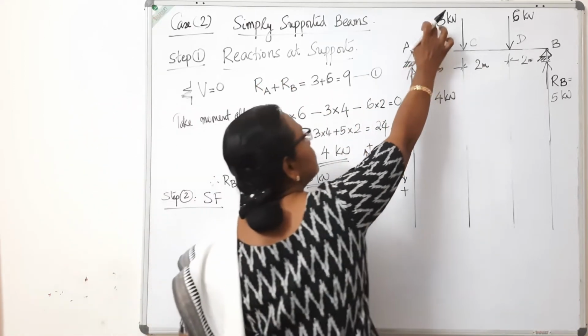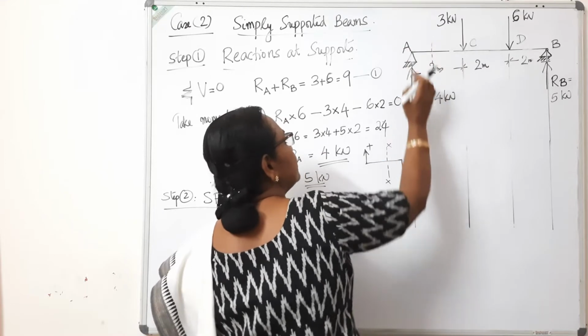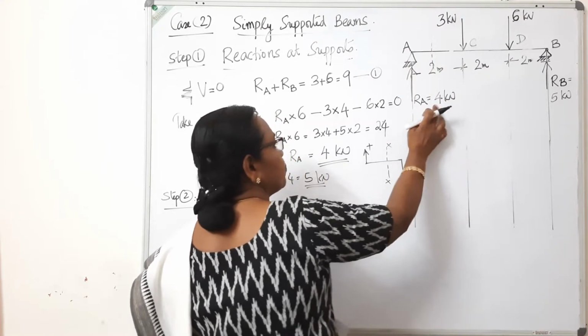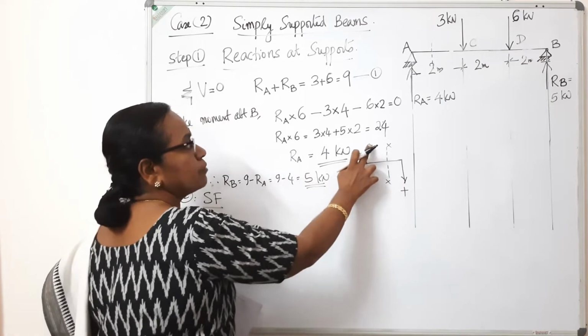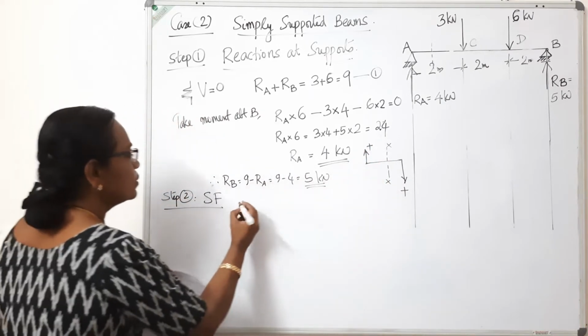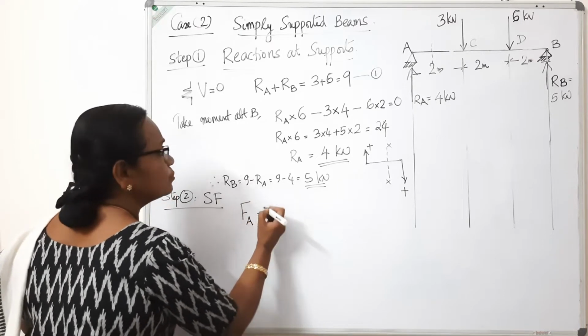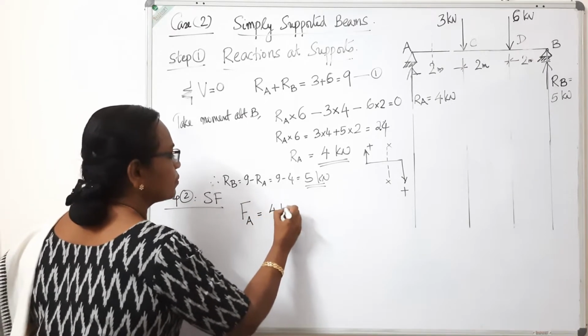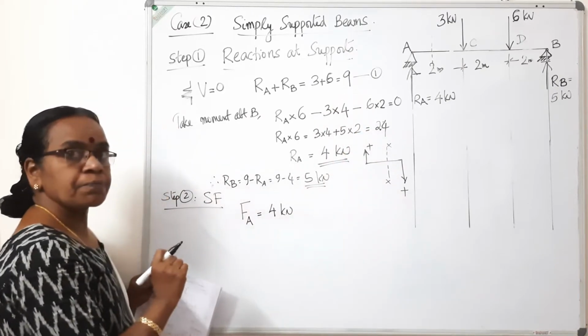If you take any section on this portion AC, consider left of it, the vertical force acting is 4. According to the sign convention, left upward positive. So I can write here shear force at A is 4. It is acting upwards, so it is plus 4.